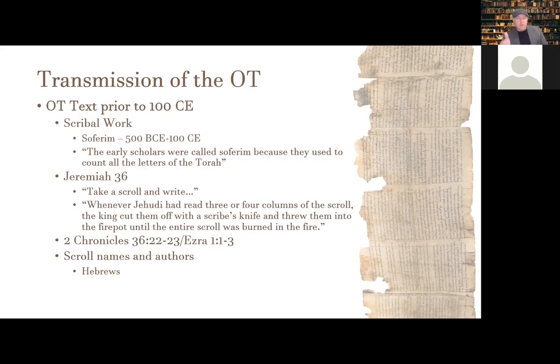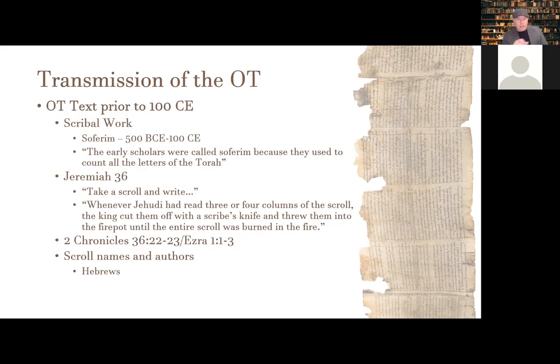Now, I've always viewed this portion of Jeremiah, and I think it still can be viewed, as a word of God that's being disregarded. But for us, in trying to understand how these texts were written, these scrolls had to be handled, and they were very inconvenient. So what's he doing here?